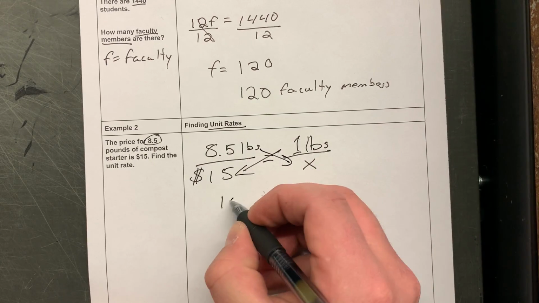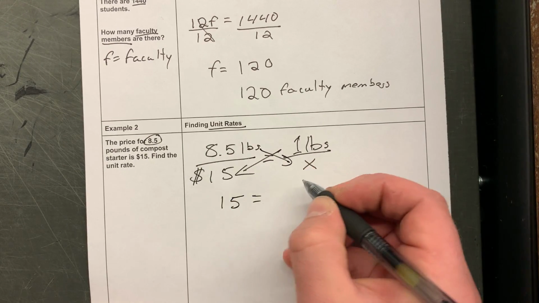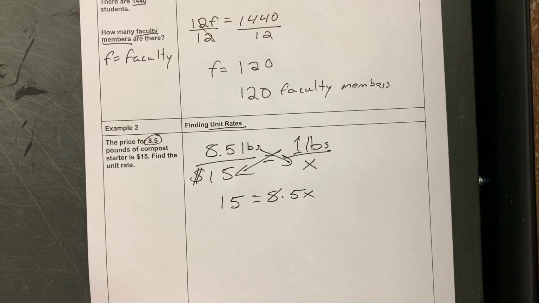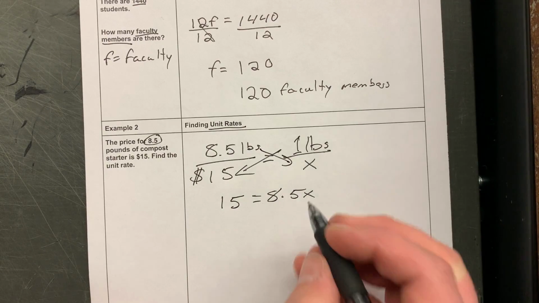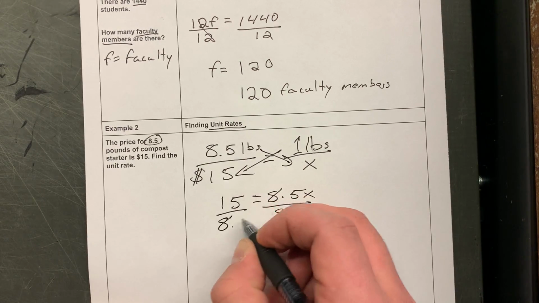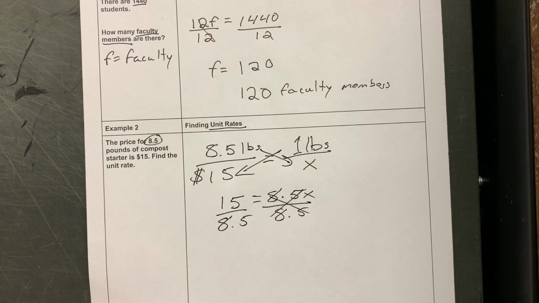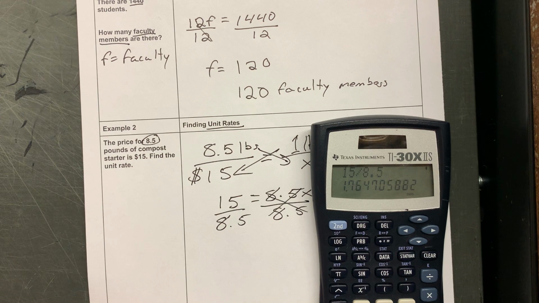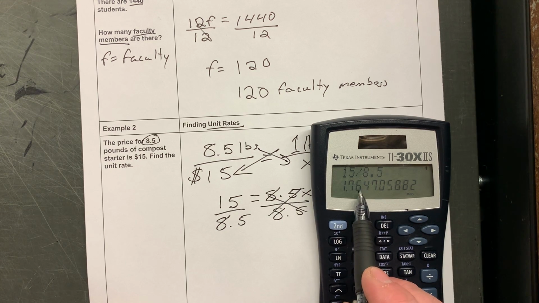1 times 15 is simply 15. 8.5 times X is 8.5X. Again, just a one-step algebra equation. Divide each side by 8.5. Those cancel. 15 divided by 8.5 gives us a total of 1.7647. We're just going to round to the hundredths place, the 6.